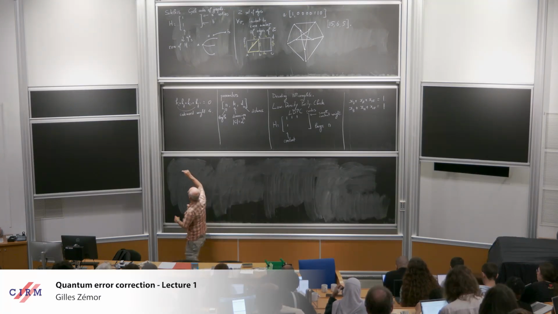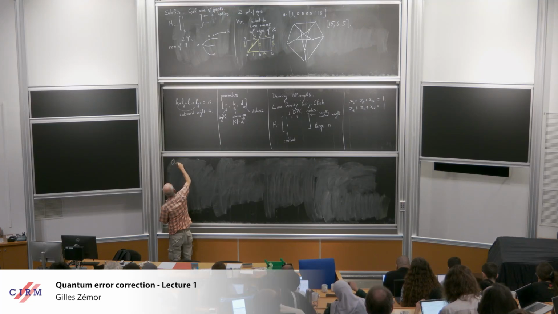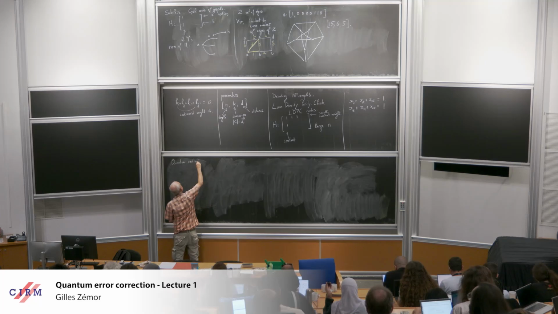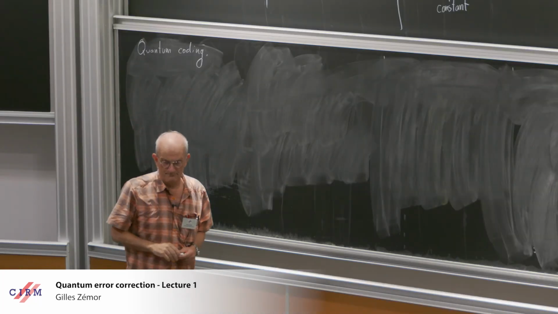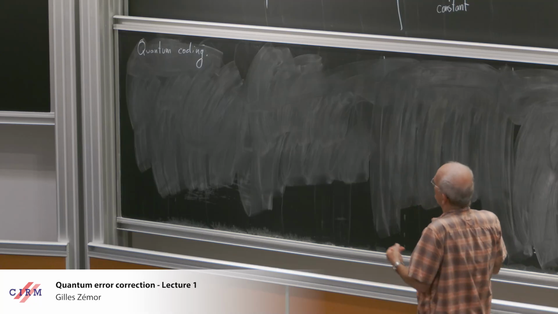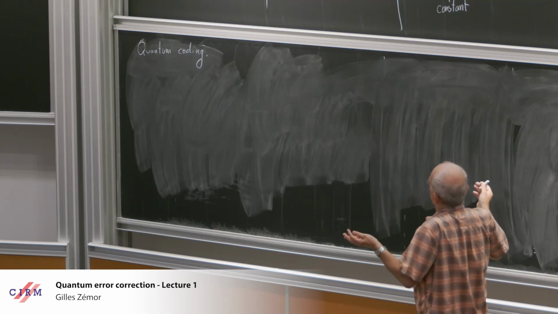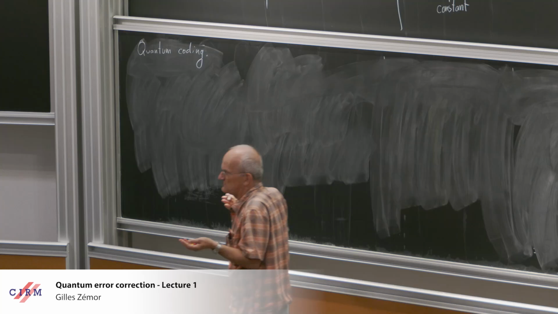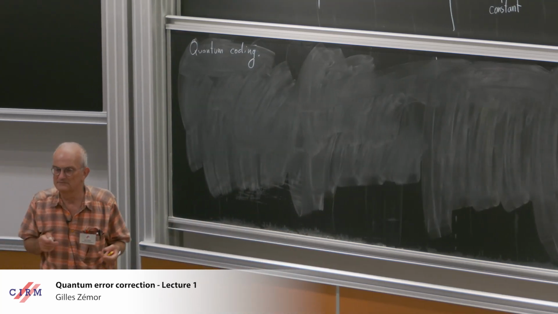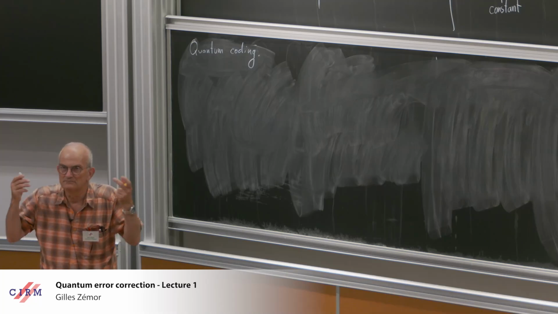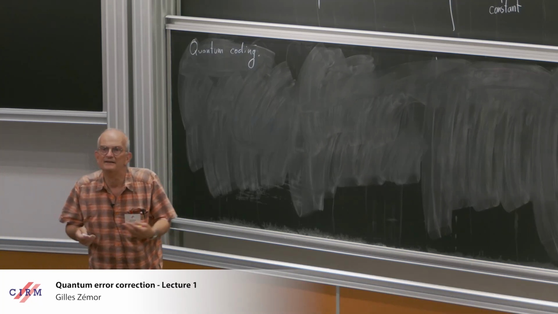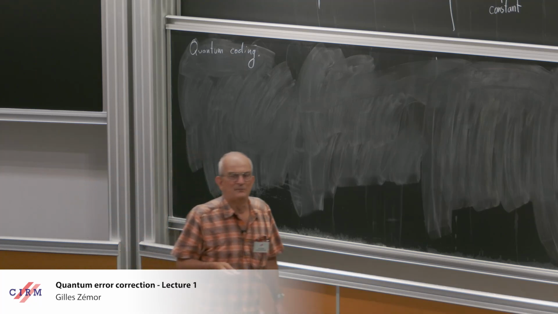So, quantum coding. So, the simplest classical code is the repetition code. So, the first thing you think of when you start from scratch and start to think about quantum coding is: is there an equivalent of the repetition code?